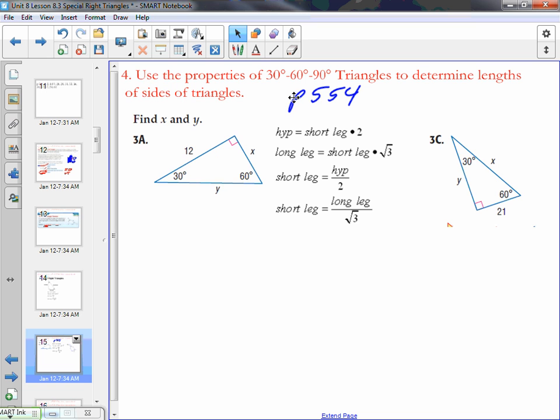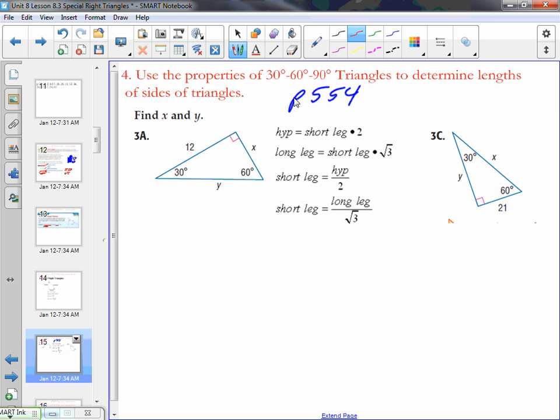Because on 3C, that 21, is that the length of the short leg, the long leg, or the hypotenuse? It's the short leg. How do you know it's the short leg? Because it's opposite the 30 degrees. Try to resist the urge to go by how it looks, because what if I drew the triangle instead of copied it out of the book?